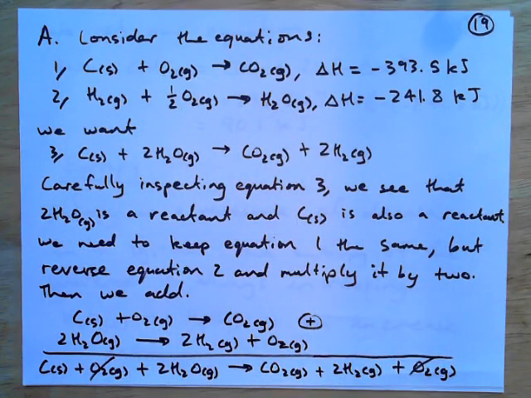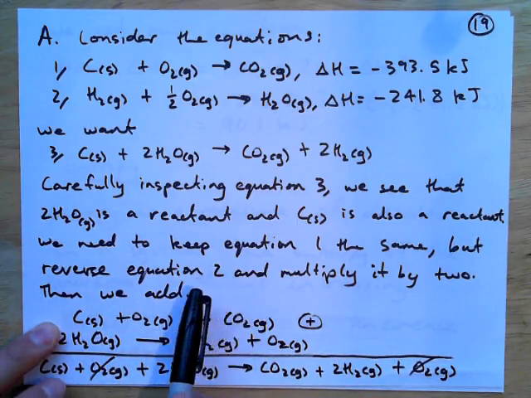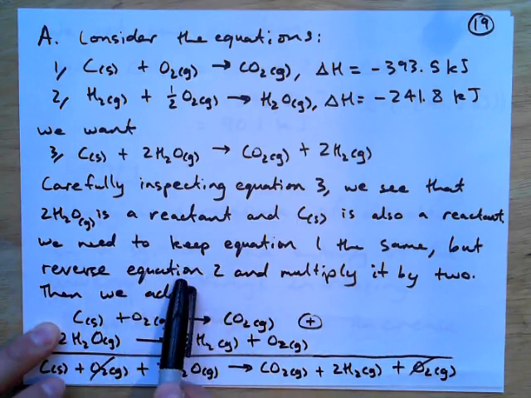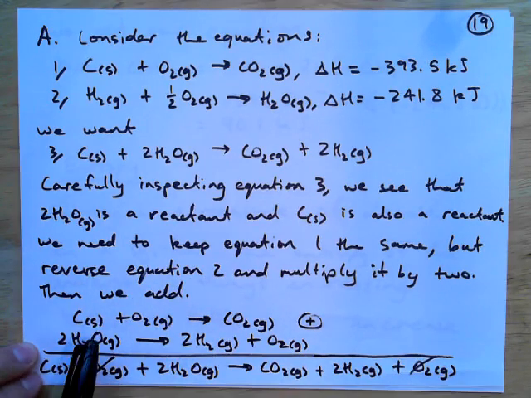So what I really need to do is to reverse equation 2 and multiply it by 2 as well. Okay, so I need to keep reaction 1 the same, but I need to add it to equation 2 reversed and multiplied by 2. So I'll do that. So this is equation 1 left as is.